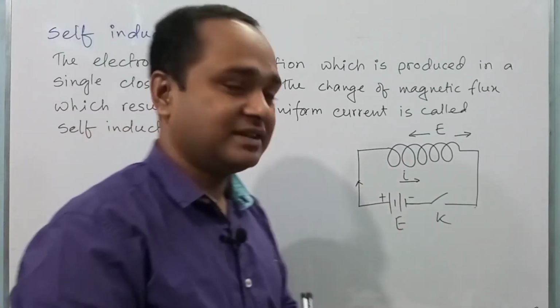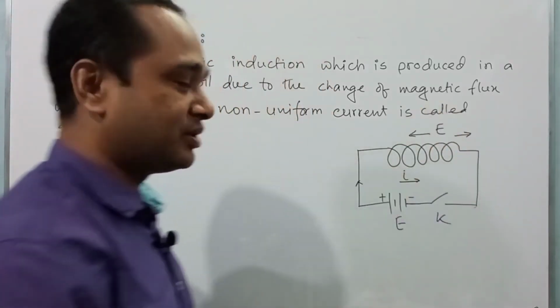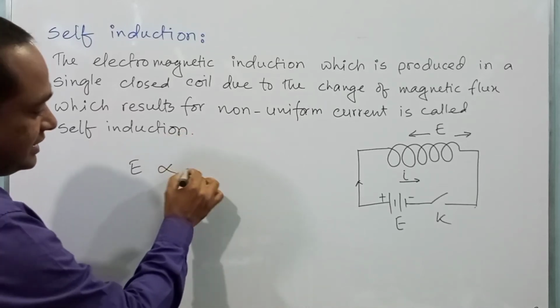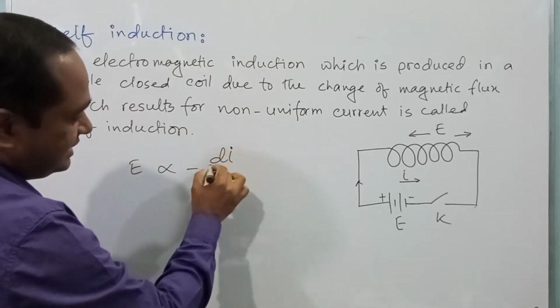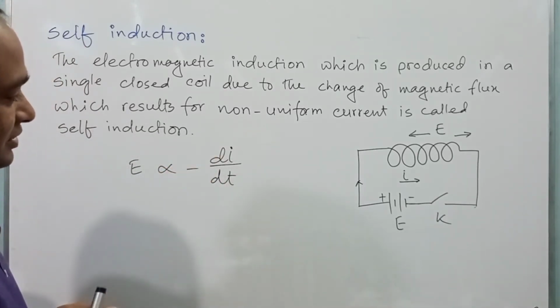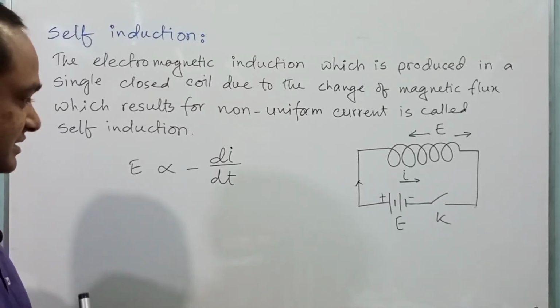So, from this phenomenon we can explain that the induced EMF E in this coil is directly proportional to the negative value of di by dt, that is the negative of the rate of change of electric current, right.